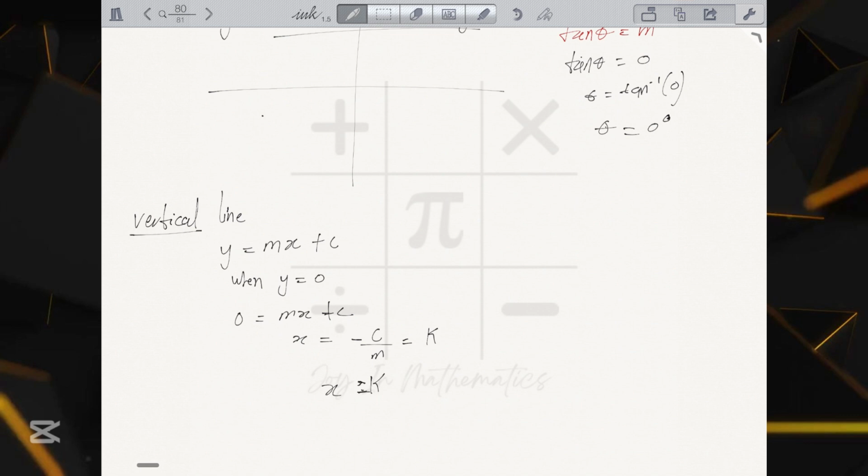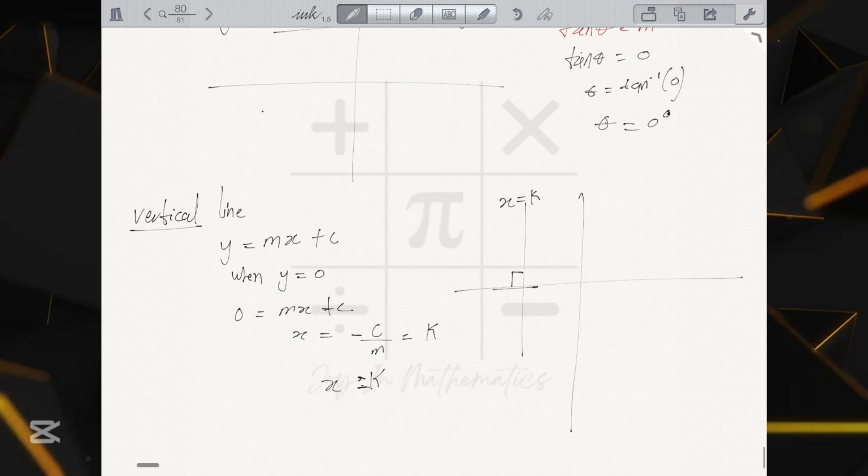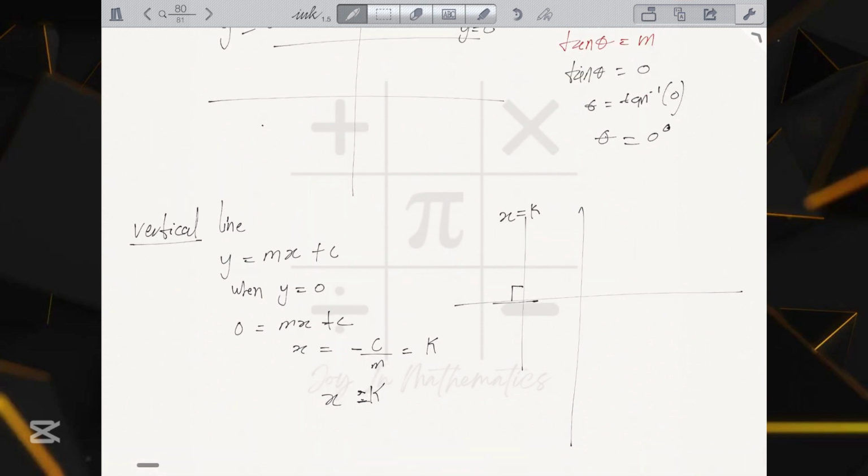So in a vertical line of x equals k, we will have a graph like this. x equals k. Now, in this case, we will have that the angle is equal to 90 degrees because it is perpendicular to this. But then how do we arrive at this form of angle?